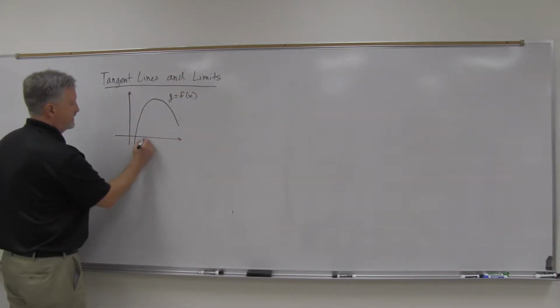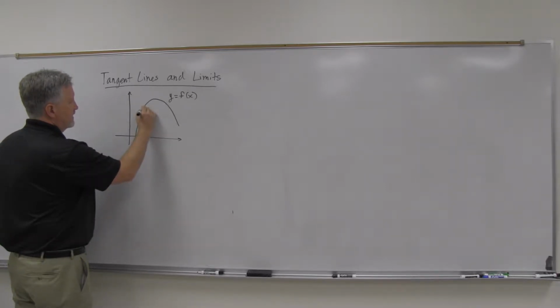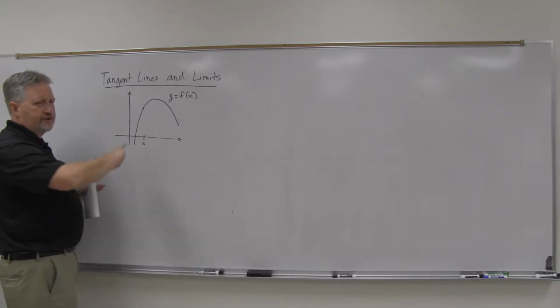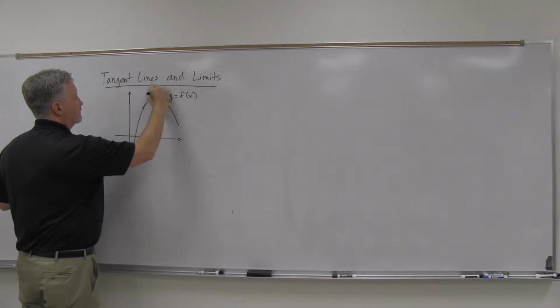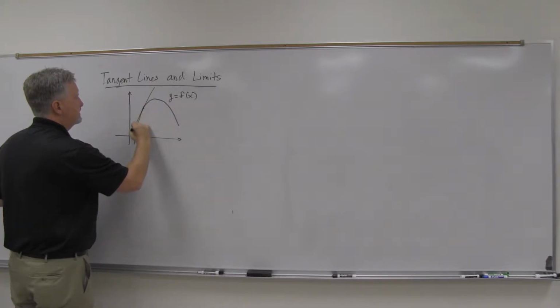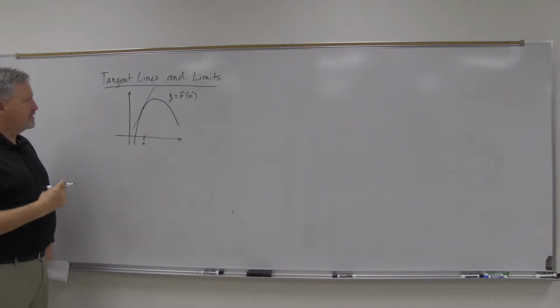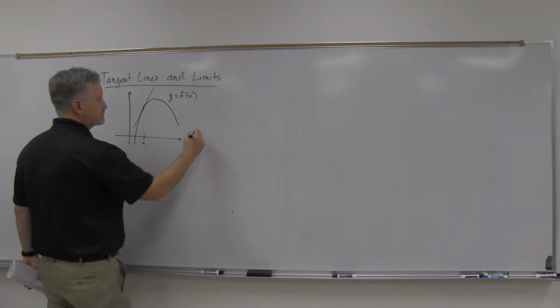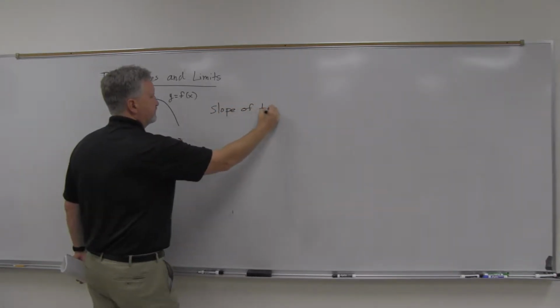So let's just pick a point here, call it A, the x value A, and we'll just draw in the tangent line here. How did we come up with that slope of that tangent line at A previously?